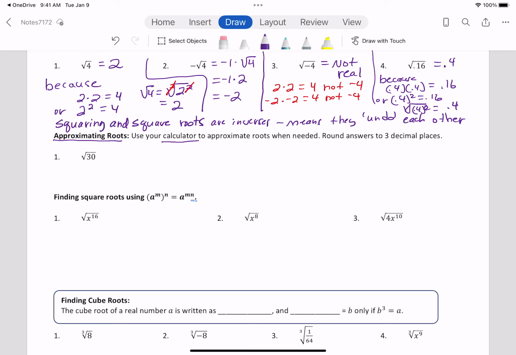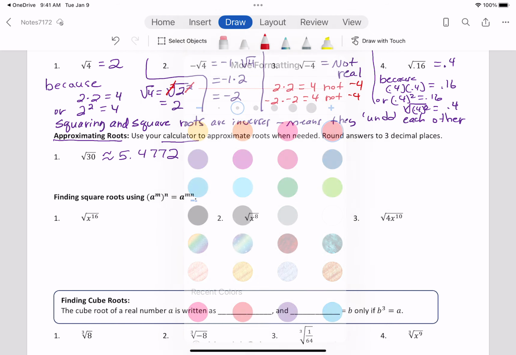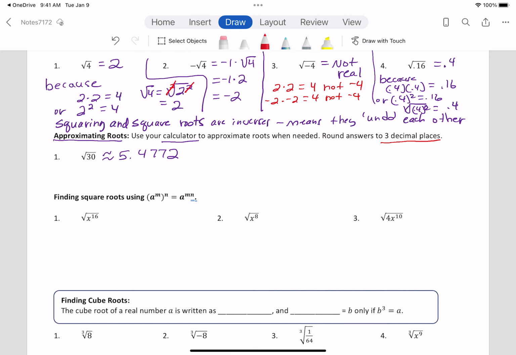So make sure whatever calculator you're using, you can enter the square root of 30, and I wrote that down as 5.4772 because you see I said in the instructions to round to 3 decimal places.